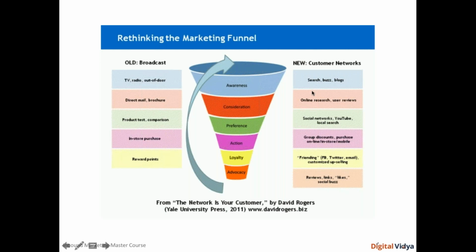Now in today's world, each one of these steps is fueling the other. Let's say the moment somebody has purchased the product, they could share it on social platforms, which could set up preferences for someone else. It's not just that people advocating for the product will fuel sales, but also people reviewing the product.